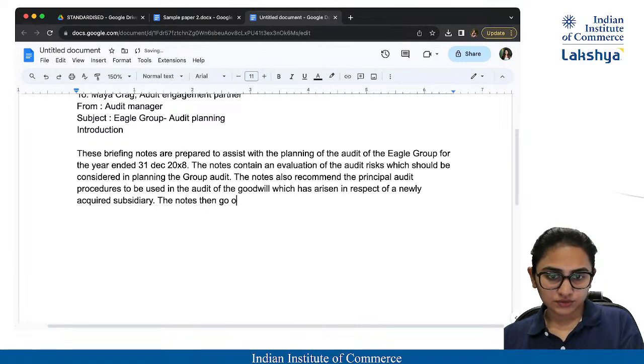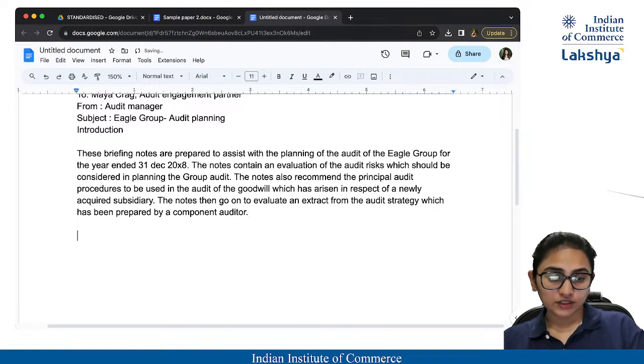Then go on to evaluate and extract from the audit strategy which has been prepared by a component auditor.